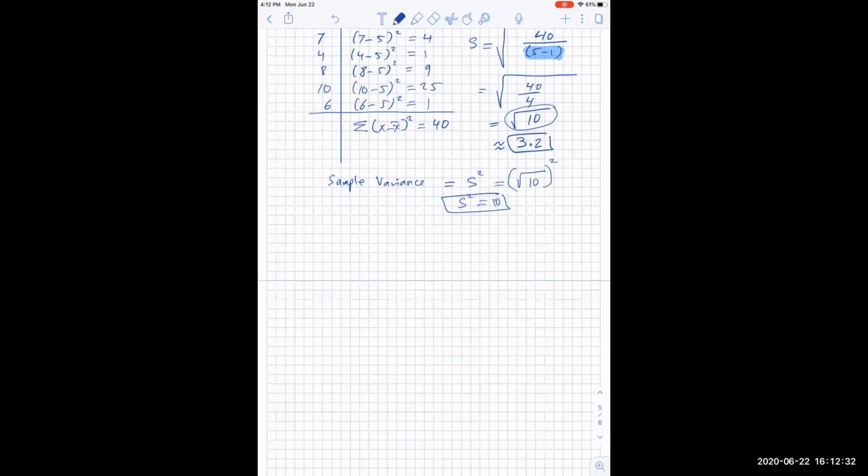This is called the range rule of thumb for identifying significant data values.